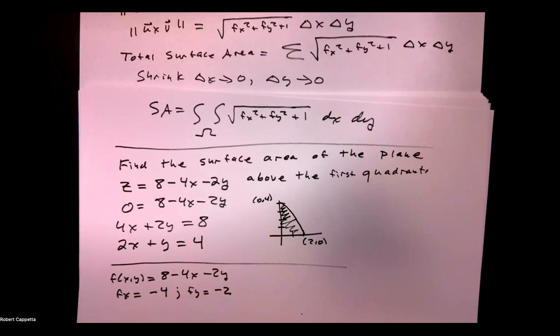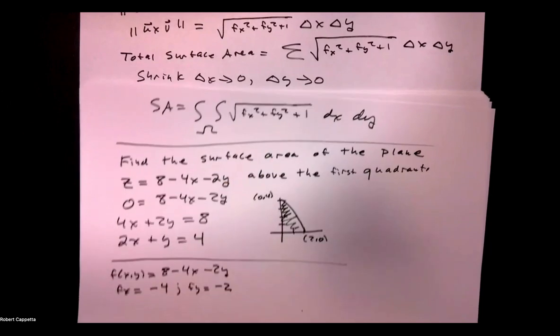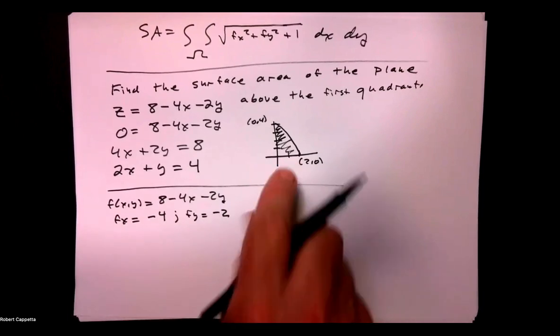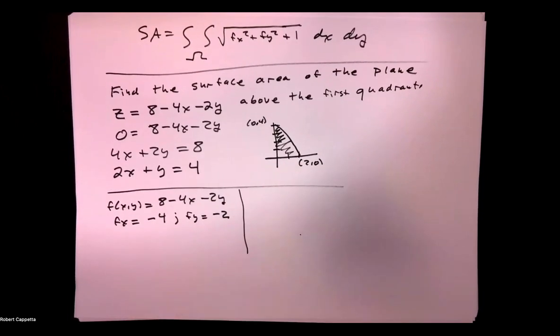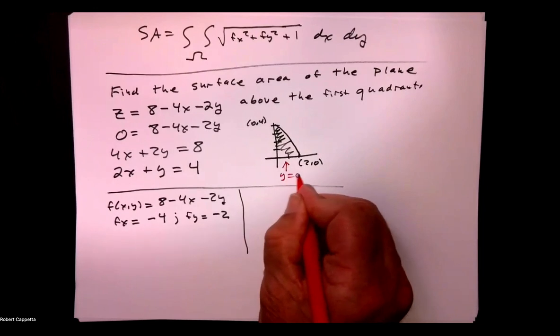Okay, well, that's nice. I have that. Now, there's the formula I'm working off of. So I need to determine my region omega here. So we've got to look at the fences. The southern boundary of this is the x-axis, is y equals 0.